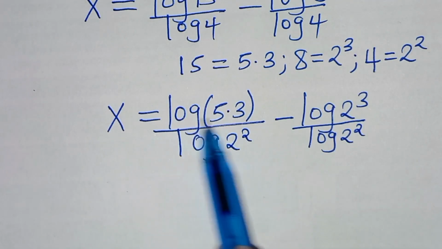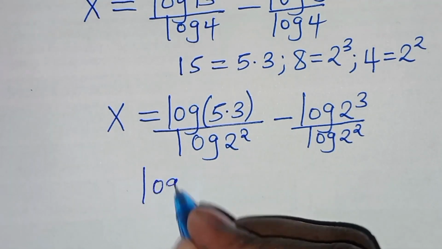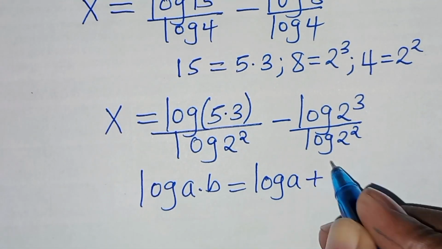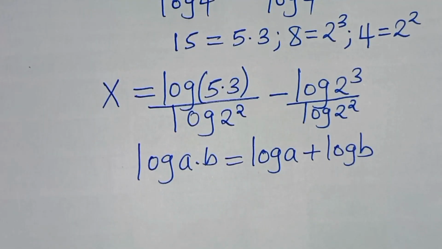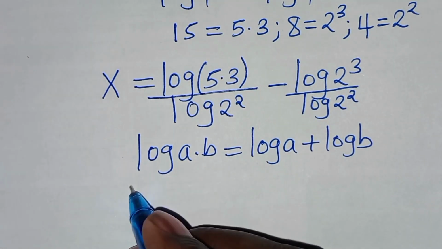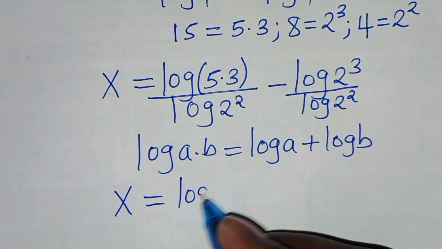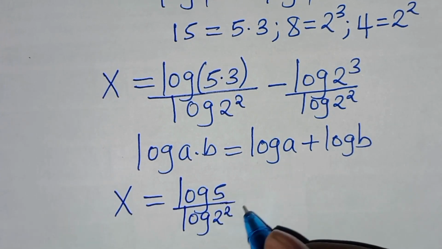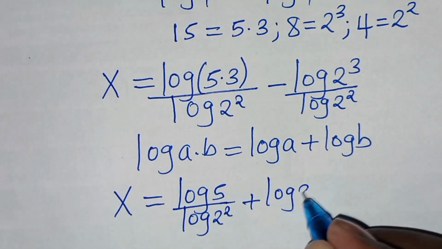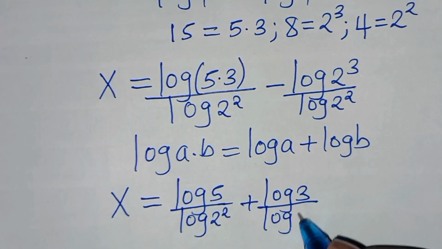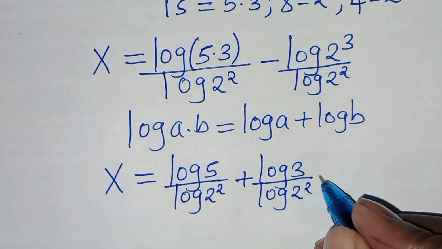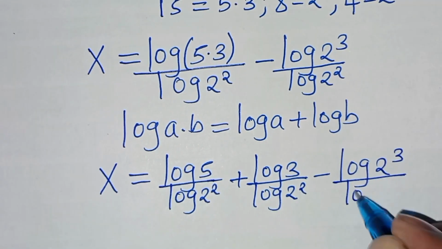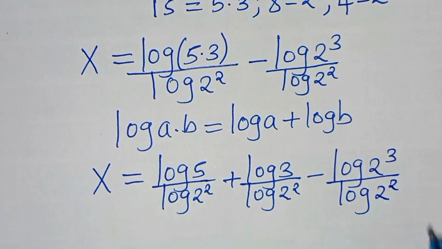The next step is that log 5 times 3, this is in the form of log a times b, which we can express as log a plus log b. Applying this logarithm property, we have that x is equal to log 5 divided by log 2 to the power 2, then plus log 3 divided by log 2 to the power 2, then subtract log 2 to the power 3 divided by log 2 to the power 2.